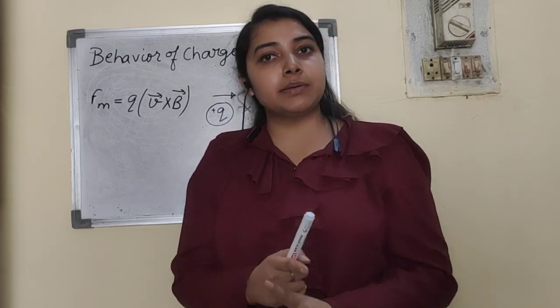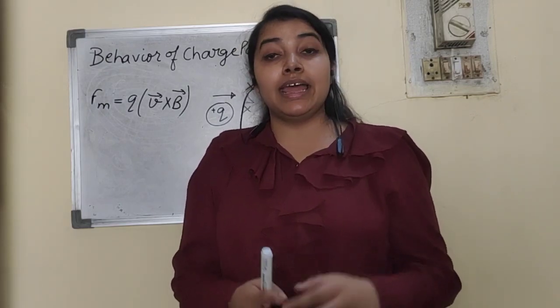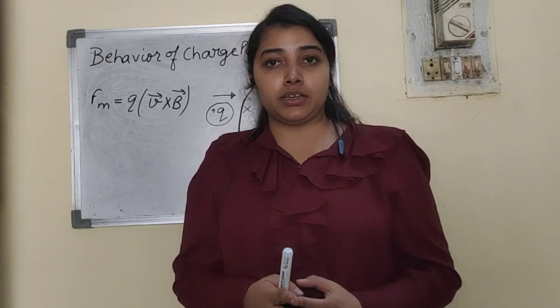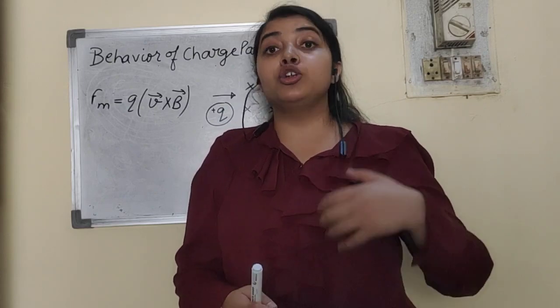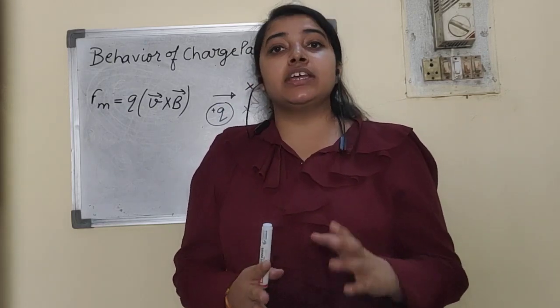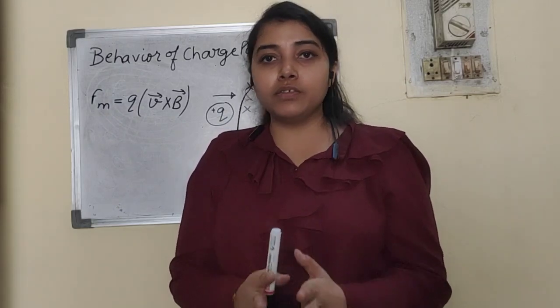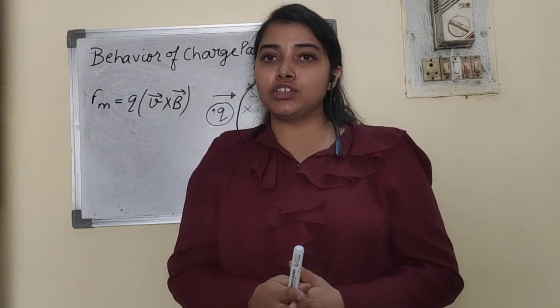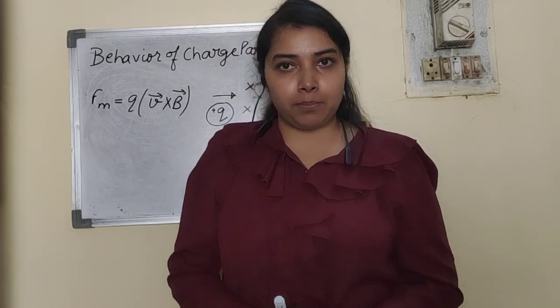But always remember, magnetic field cannot change the velocity of the charged particle. It cannot accelerate the charged particle. Only electric field can change the velocity of the charged particle or accelerate it, but magnetic field can only change the path of the charged particle, the direction of motion. Always remember that. The speed of the charged particle in the magnetic field is always constant. It can only change the path.